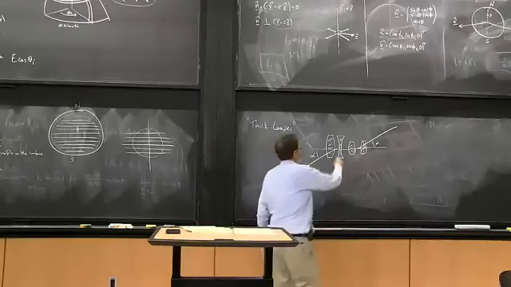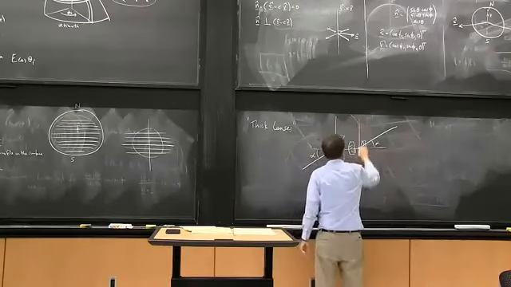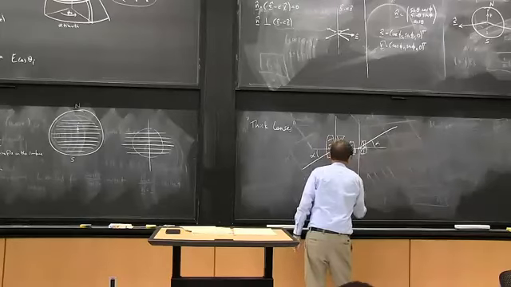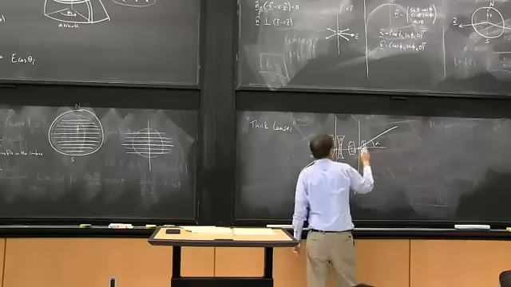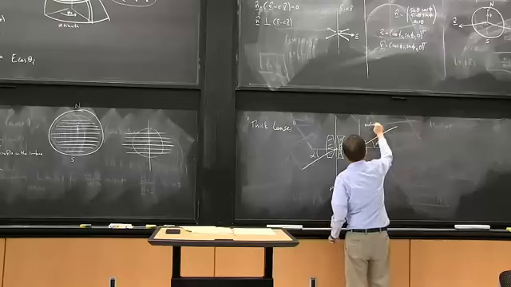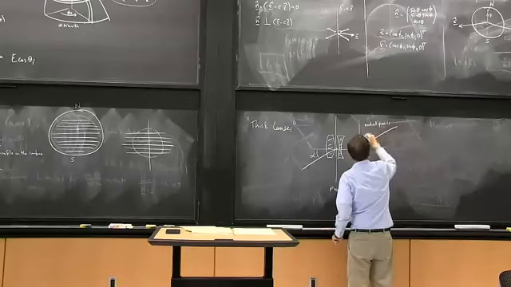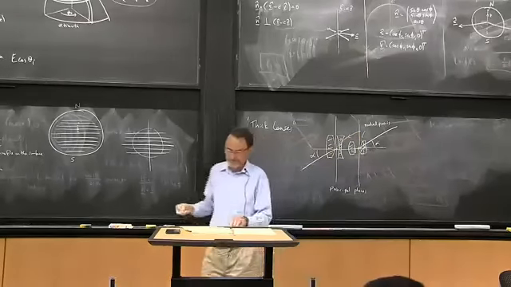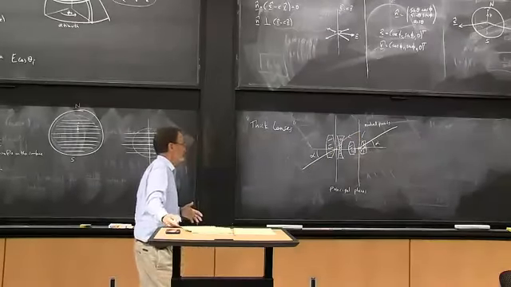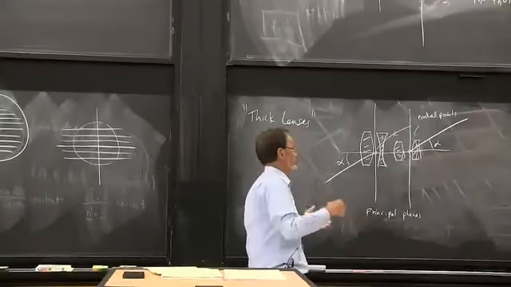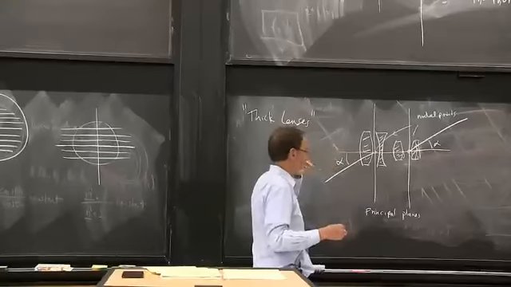Well, the thick lens can be approximated this way, which is very similar. So these points are called nodal points, and anything coming into the front nodal point at a certain direction will leave the back nodal point in the same direction.